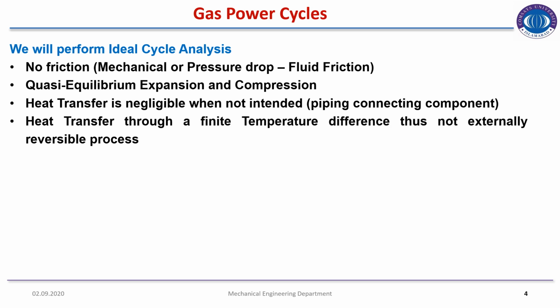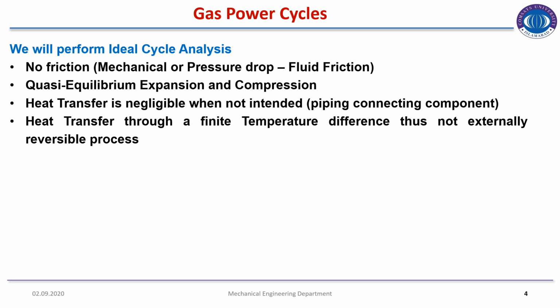So the main important highlights for this analysis is that no friction, mechanical or pressure drop or fluid friction, is involved. This assumption is somewhat similar to the assumption of the Rankine cycle, in which we assume that there is no friction involved.